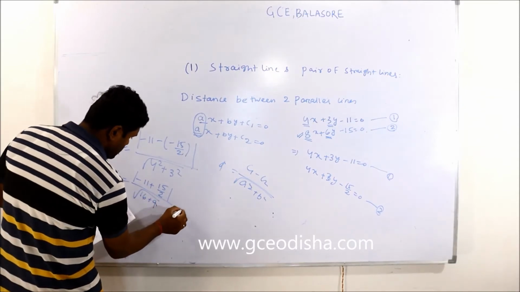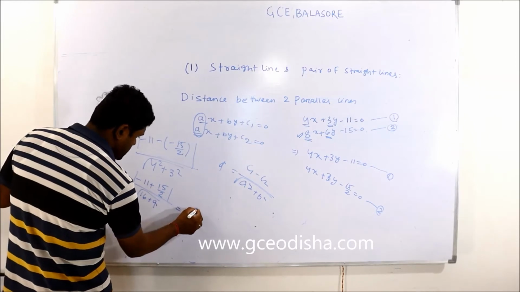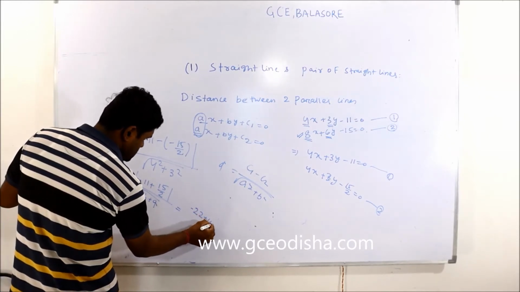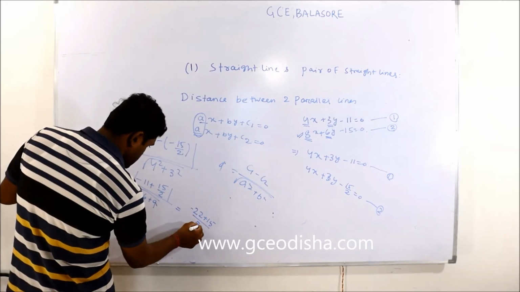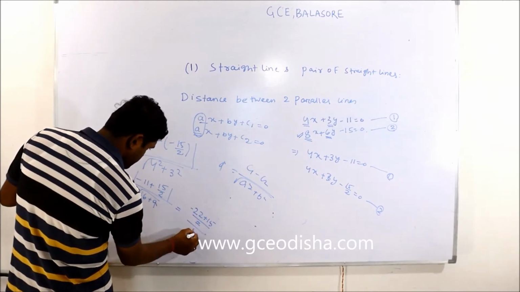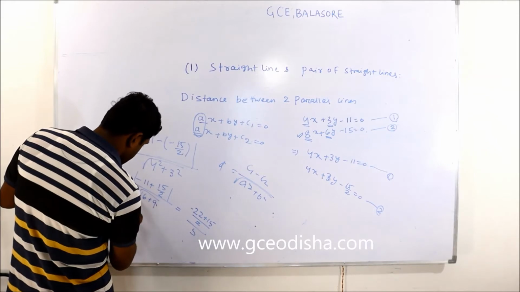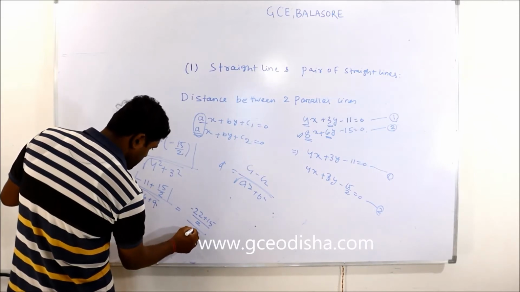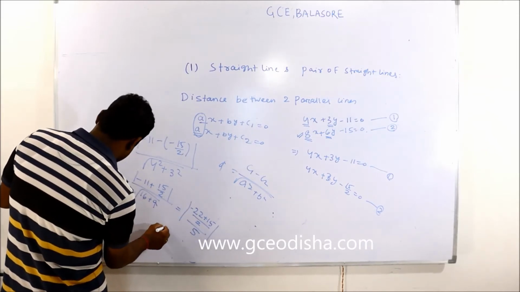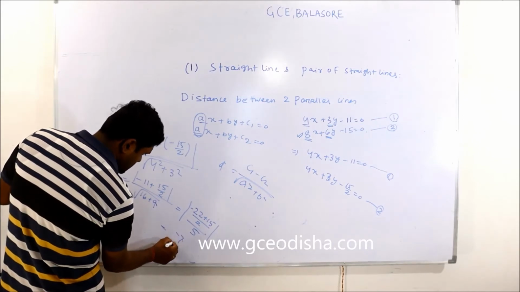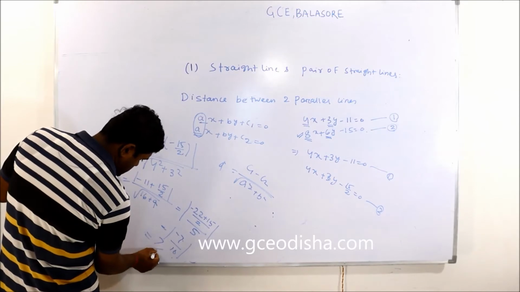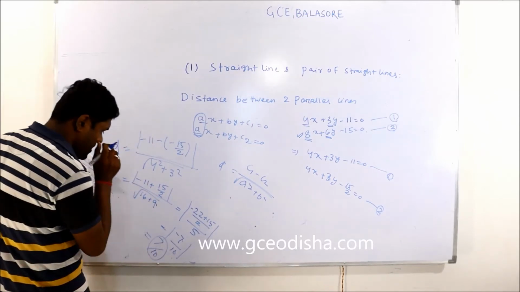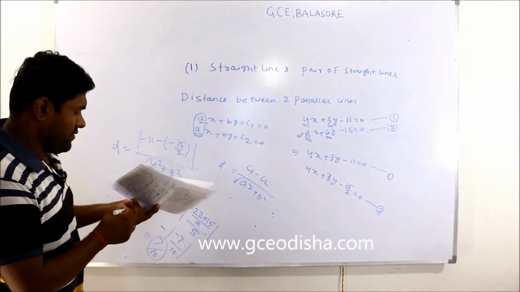Okay, and that will come minus 22 plus 15 by 2, that will come 5. 25, that will come 5, that will come minus 7 divided by 10 mod, that will come 7 by 10. Okay, this is one type.